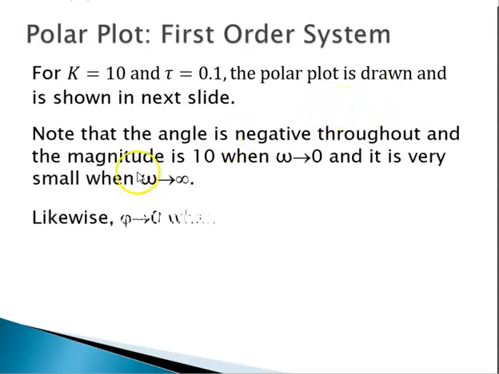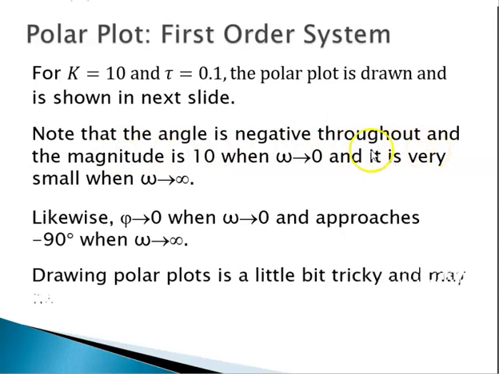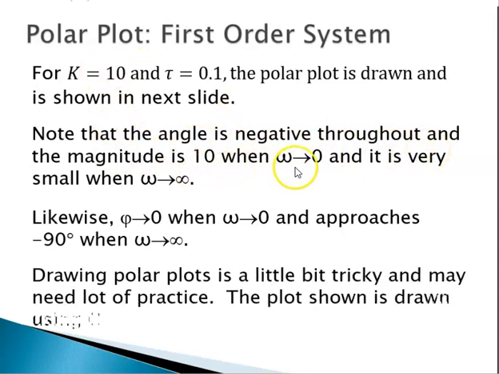You can notice that the angle is negative throughout, and magnitude is 10 when omega is very small. Likewise, phi tends to 0 when omega tends to 0 and approaches minus 90 when omega tends to infinity.